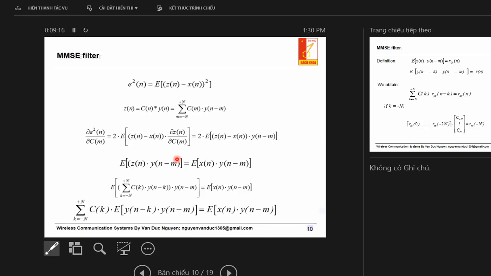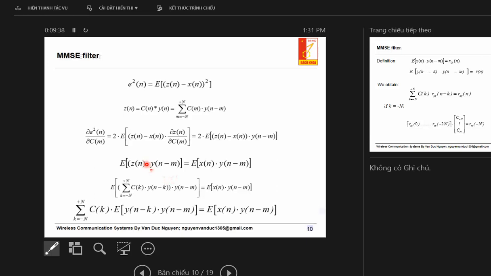Now you can replace z_n here from this equation to this equation, and you have the next equation. Please have a look at the slide.